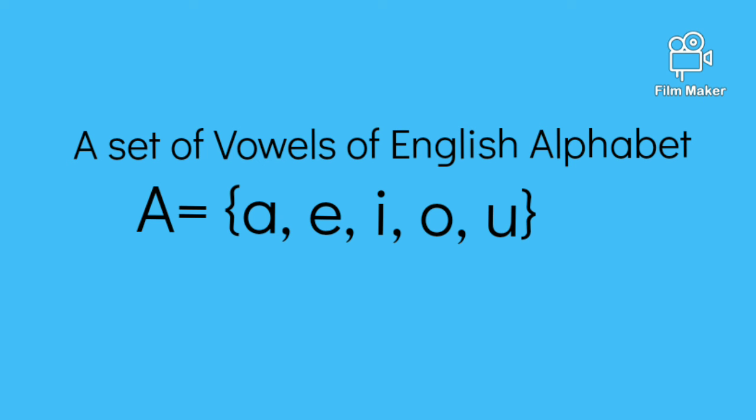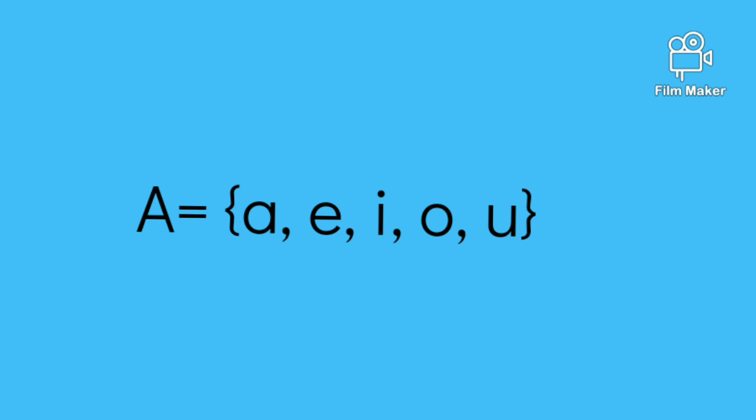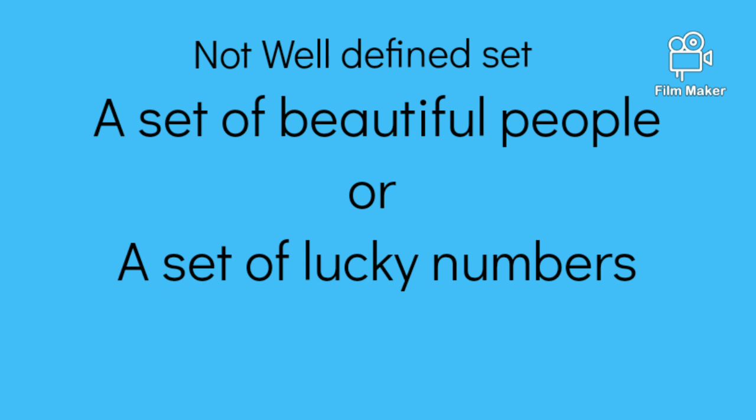It just has 5 letters, that is A, E, I, O, U. And it is distinct because each of the elements is separate and distinct from the others, and there is no repetition of the elements. Therefore, it is an example of a well-defined, distinct set.